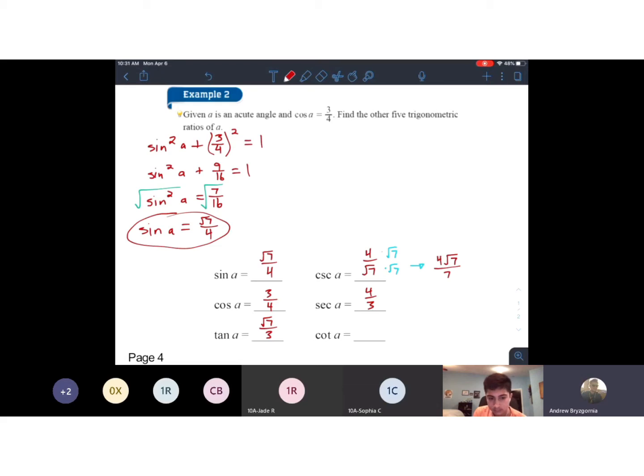Good, and then cotangent? Three root 7 over 7. Good, and so this last one is just like what we did for cosecant. It was originally 3 over root 7, and then we had to rationalize.